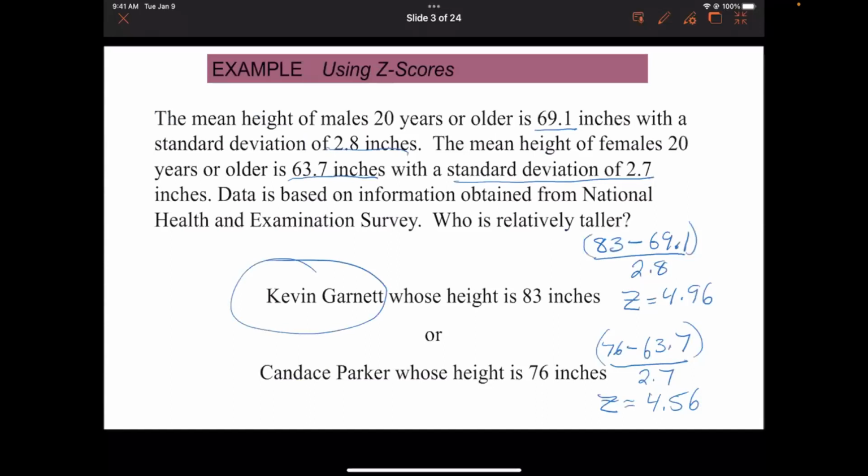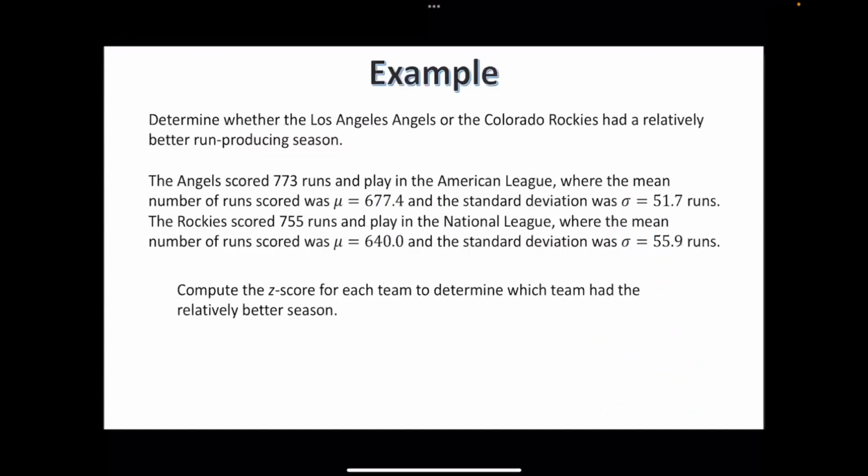Okay, I do have another example. We're going to determine whether the Los Angeles Angels or the Colorado Rockies have a relatively better run-producing season.